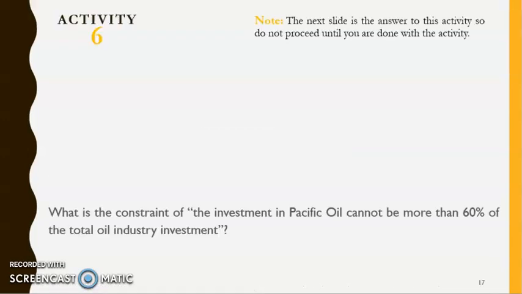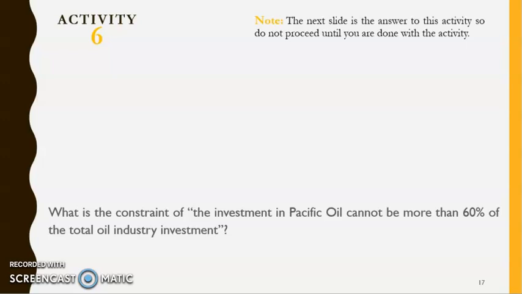What is the constraint of the investment in Pacific Oil? Cannot be more than 60% of the total oil industry investment. Now, instead of me telling you we had the balance constraint before in marketing, I'm going to tell you it is very similar to the previous activity. So pause it and get the answer. Okay, to formalize this constraint, we are going to do the same thing.